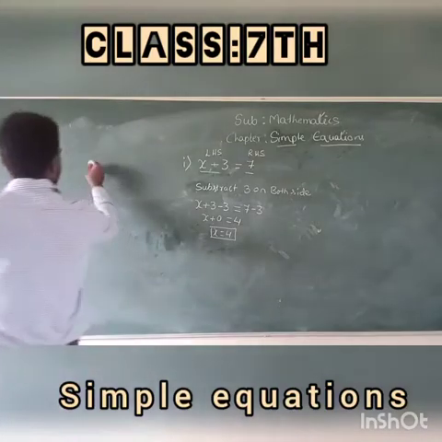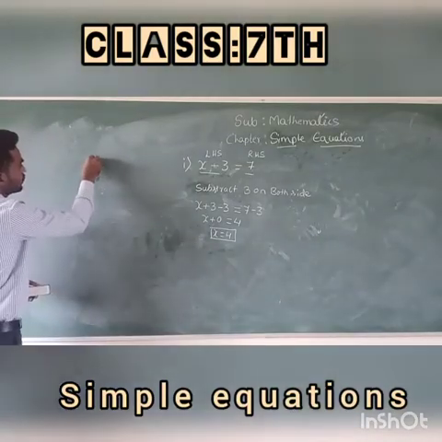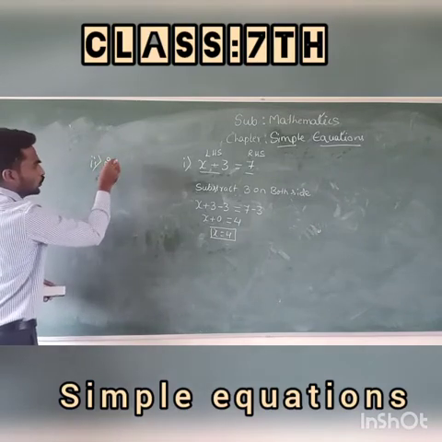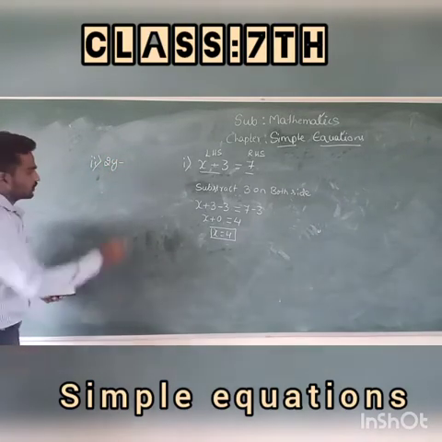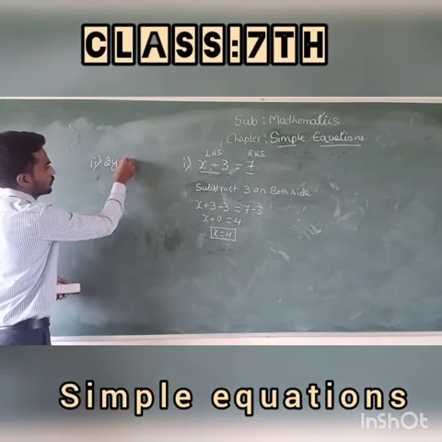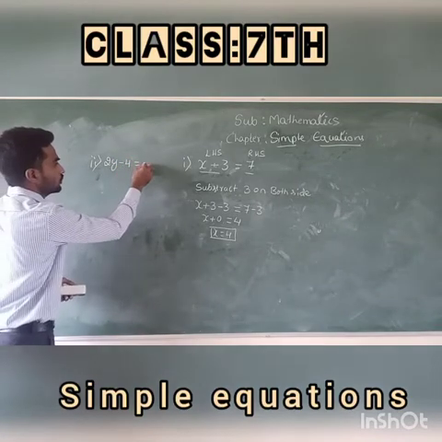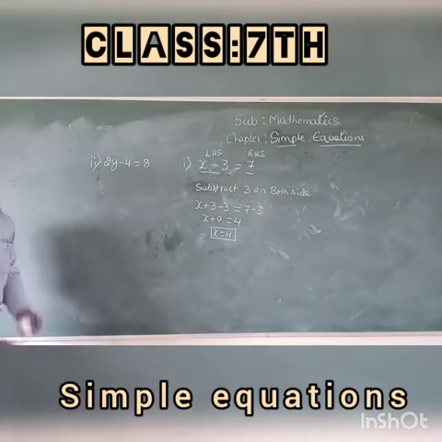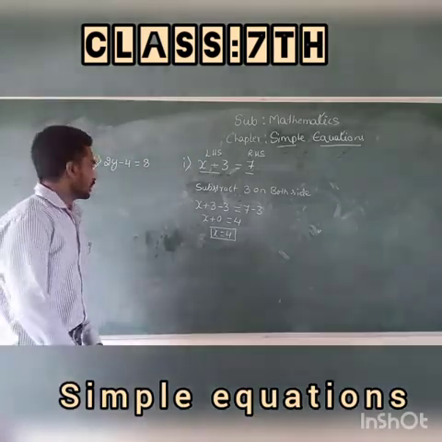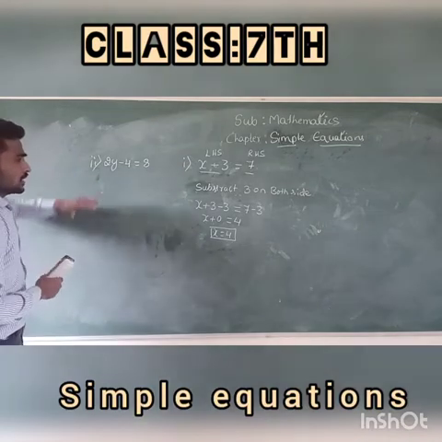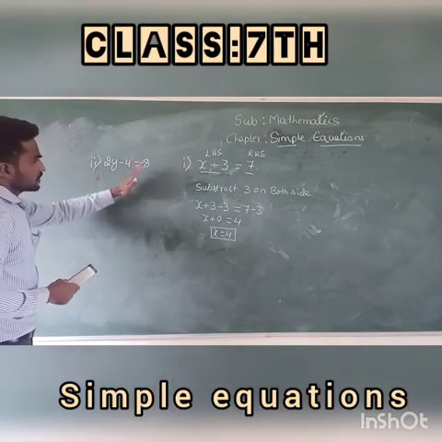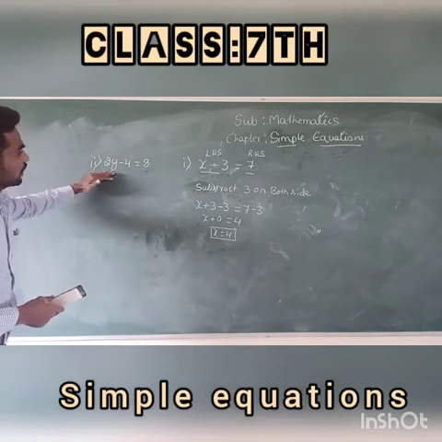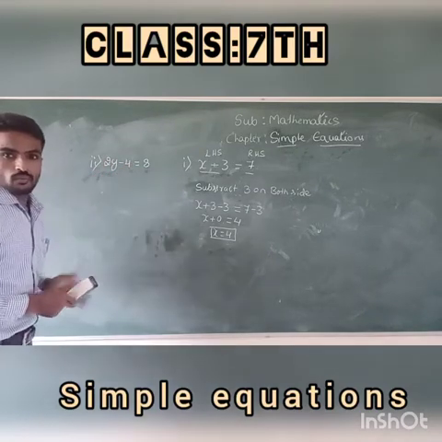Next, I will take another example: 2y minus 4 is equal to 8. Here the right hand side is 8, and the left hand side is 2y minus 4.